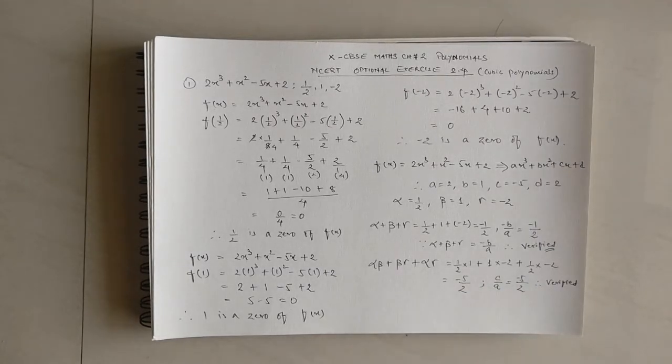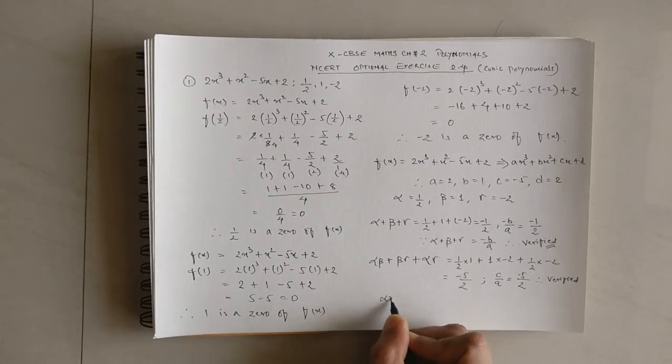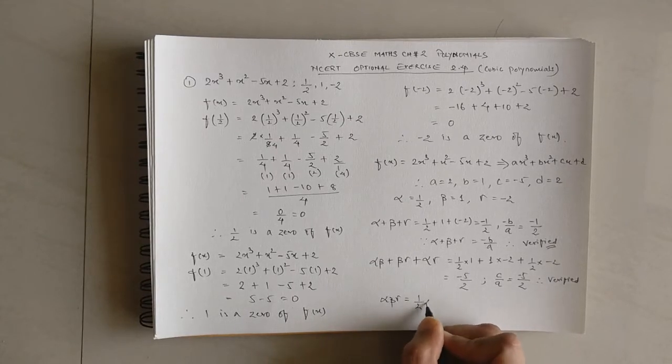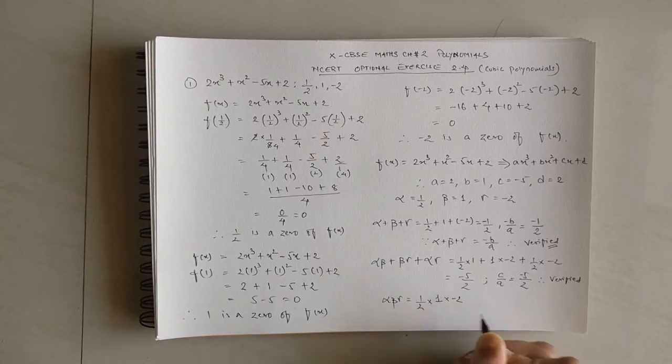And the last thing you need to verify is the product of the zeros, that is alpha beta gamma. Alpha beta gamma is half into 1 into minus 2, which gives you minus 1. And what should the product of the zeros be equal to?